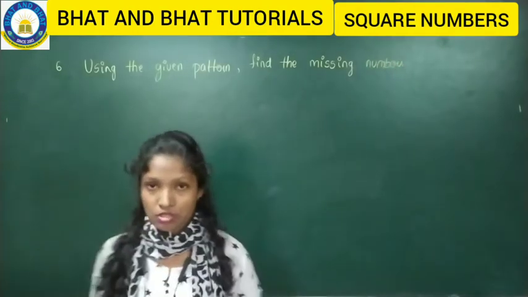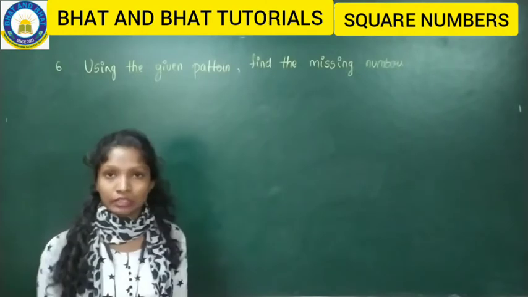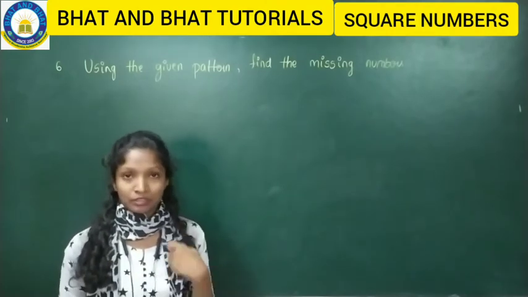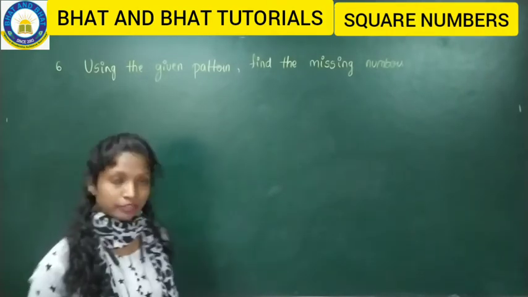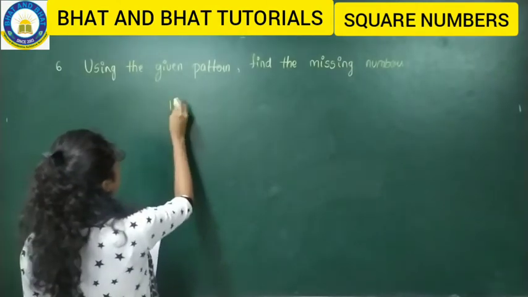So this is your question. In your question, they have given you one pattern. In that pattern, you need to find the missing numbers. So let's see the pattern now.